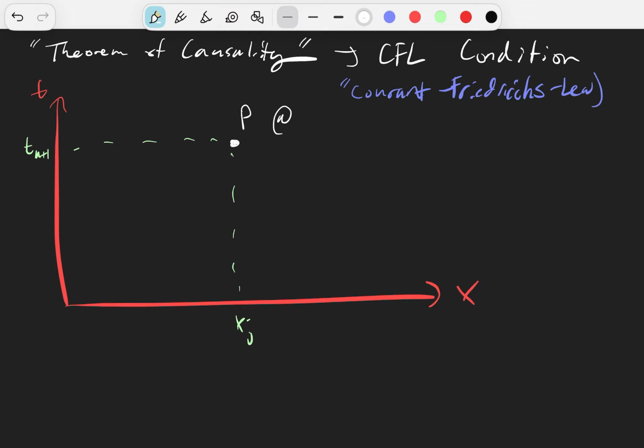We can have a particular physical result that has a width of c times the discretization of t.